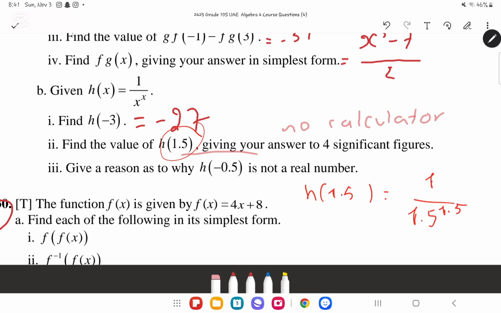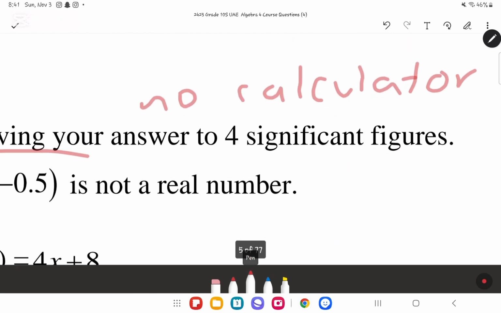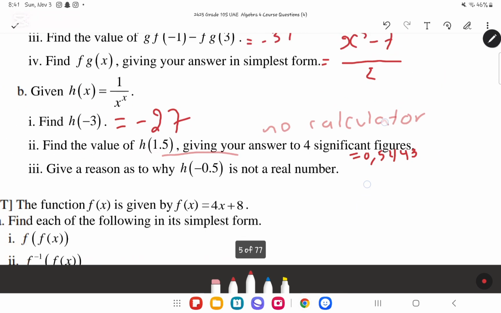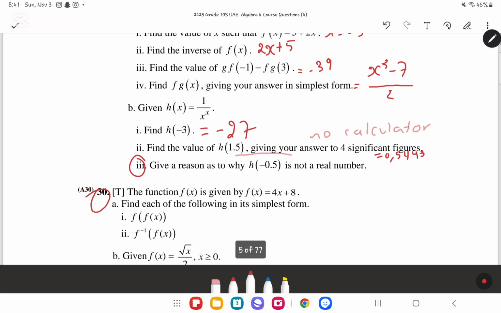Do it on your calculator. You are then going to get 0.5443. Why? They needed it to four significant figures. So our answer here is 0.5443. Okay?